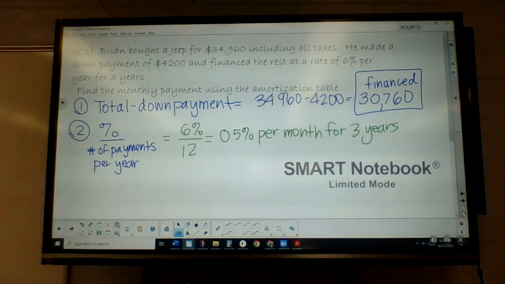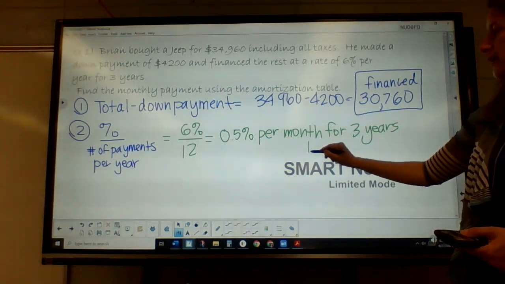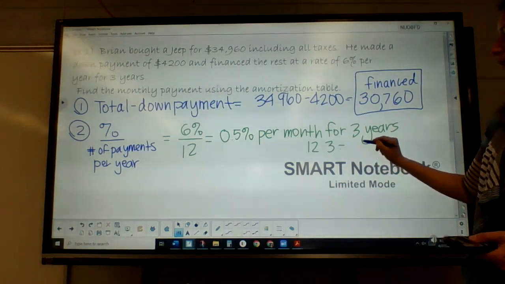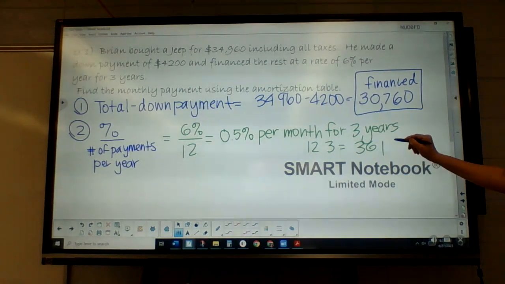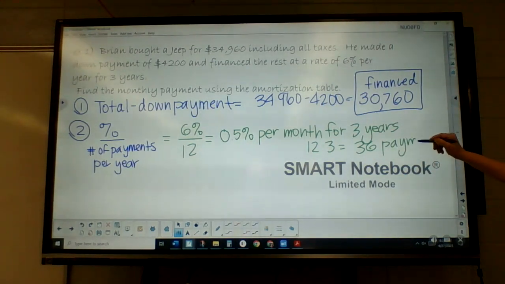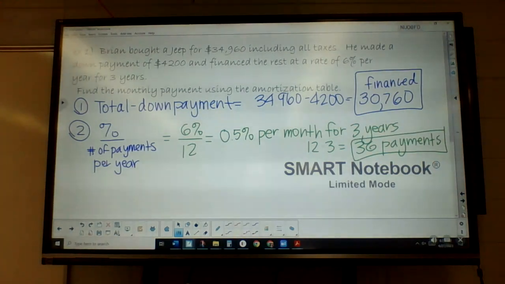So we're going to grab our table now. Per month for 3 years is 12 times 3, which is going to be 36 payments. So years times how many months? So 36 payments.